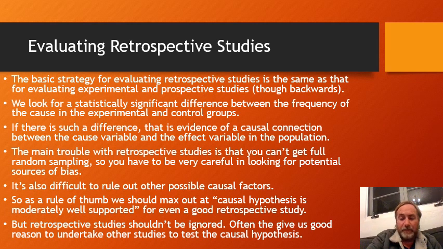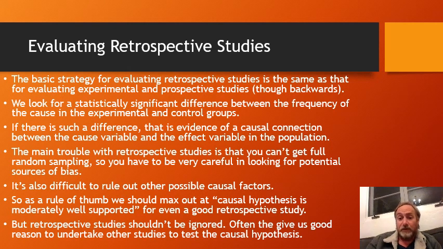Because of all the problems associated with these retrospective studies, as a general rule of thumb, if you've identified that you're dealing with a retrospective design, you shouldn't evaluate it as any better than the causal hypothesis being moderately well supported. Even the best retrospective study, just go with moderately well supported. But that doesn't mean that they're worthless.